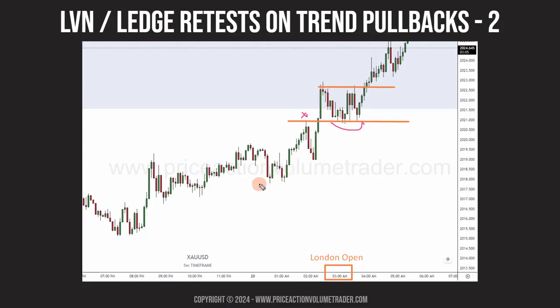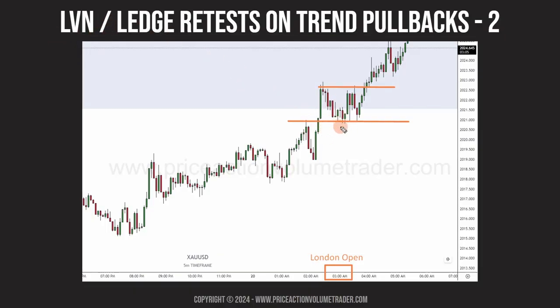We shifted market structure. We're making higher highs, higher lows. And then we can see here how we're accepting into the valley area, and then we have our breakout from that resistance and continuation. Okay, so we can see how through the context of the ledge and this valley area, we look for the edges, or the low volume node support resistance areas.